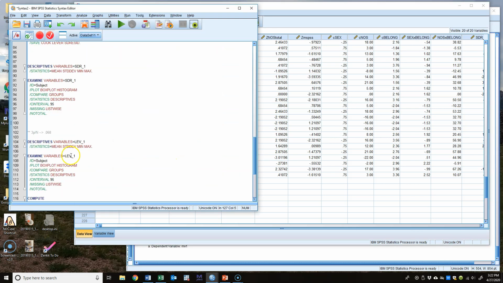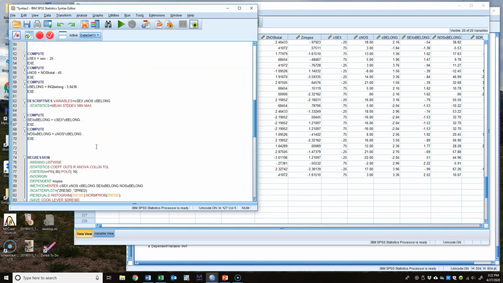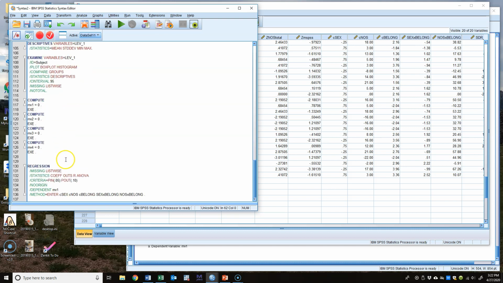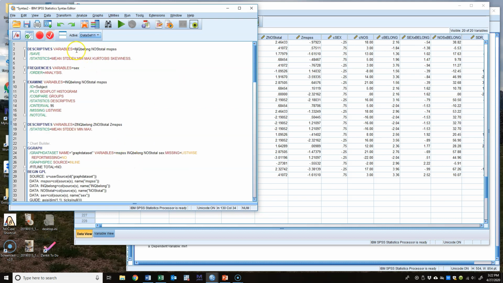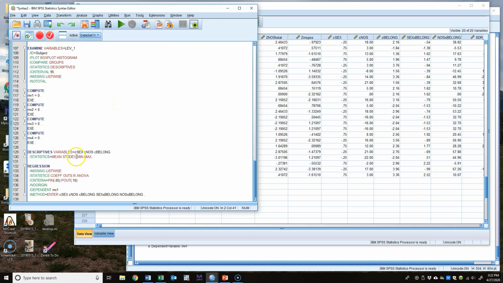Just for reference here, I'm going to look at descriptives for my two continuous predictors.